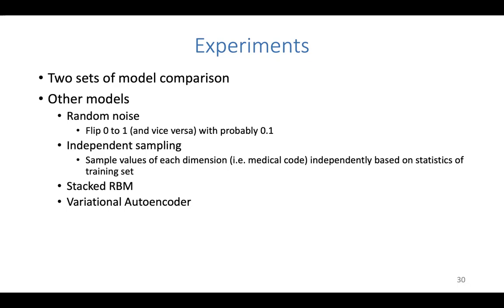So at least for each dimension, the generated sample from this technique would respect the dimension-wise occurrence probability, but it wouldn't respect any of the correlation information between a pair of dimensions or pair of features. Then we have the stacked restricted Boltzmann machine and a variational autoencoder.